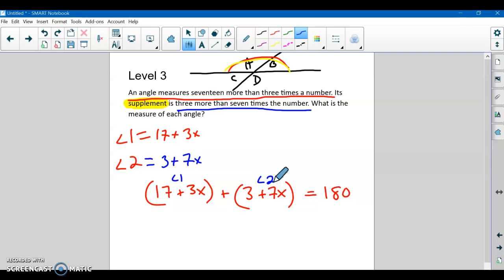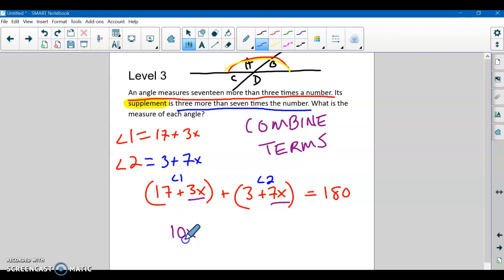So now, just like always, we're going to combine like terms. So if I look at my x's, I have 3x plus 7x, so I've got 10x. Then I've got 3 plus 17, plus 20 is equal to 180.